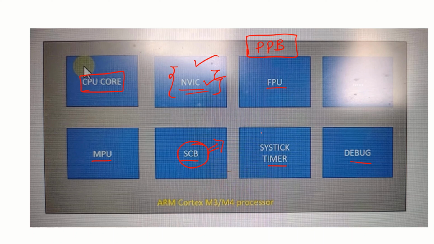All these registers are present in this PPB, the private peripheral block, and you can read and write these registers by using one bus, that is the PPB bus, the private peripheral bus. Here I will show you that.